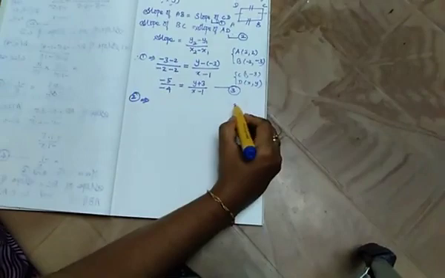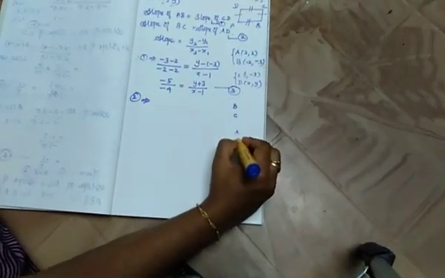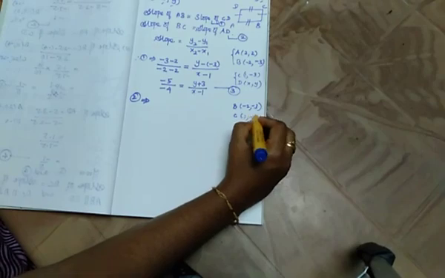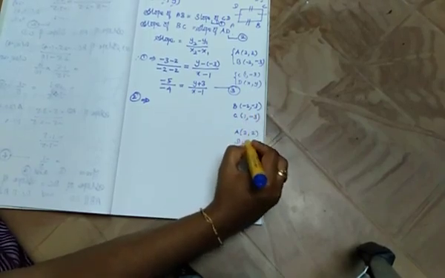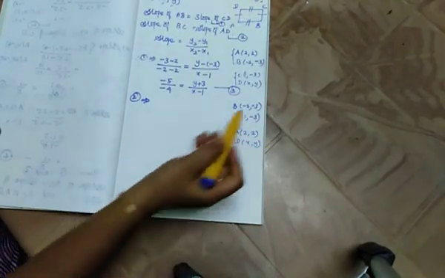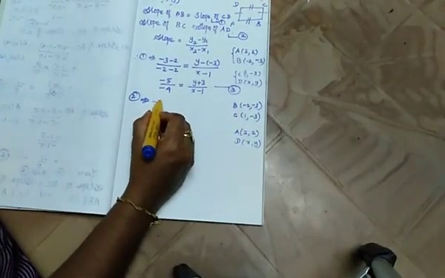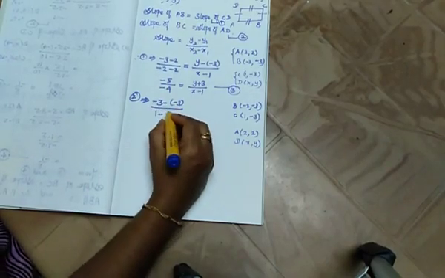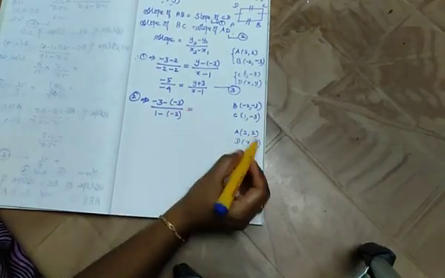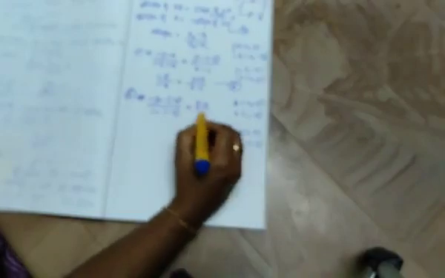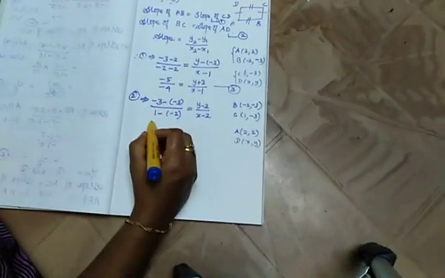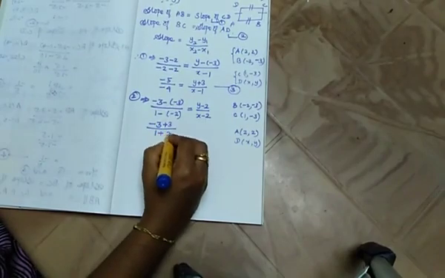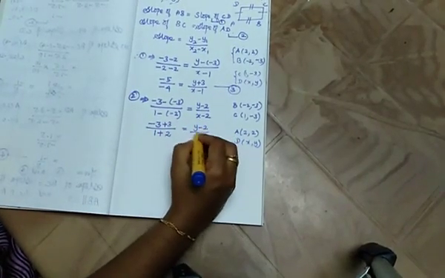So second equation means B, C and also A and D. So BC means (-2, -3), C (1, -3), as well as A (2, 2) and D. So y2 minus y1: minus 3 minus of minus 3 divided by 1 minus of minus 2, is equal to y minus 2 divided by x minus 2.